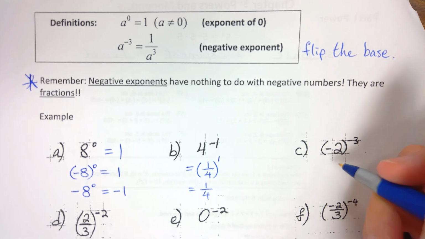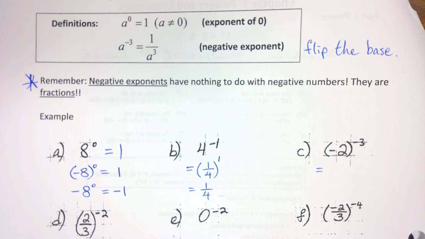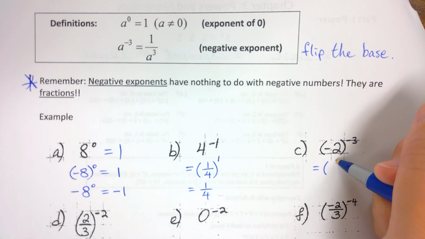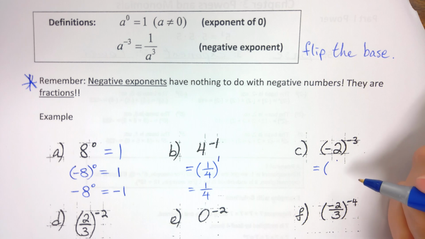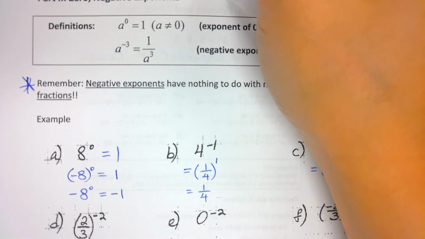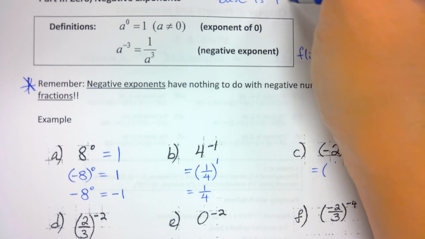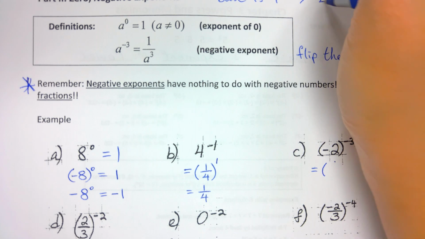Okay, let's try this one. What's my base? Jenny? Okay, and if I flip it? Just flip the base. So if my base is 4, when I flip it, it becomes 1 over 4.